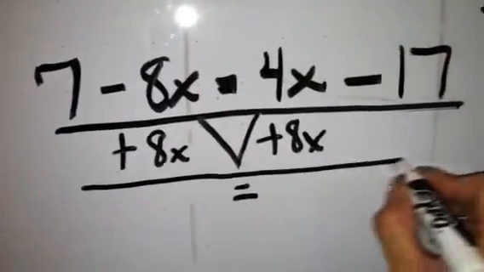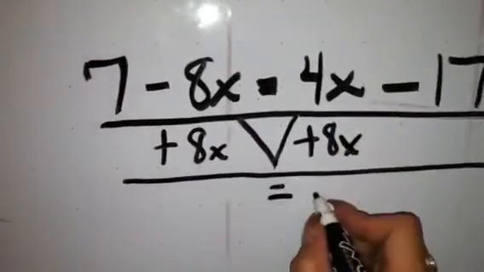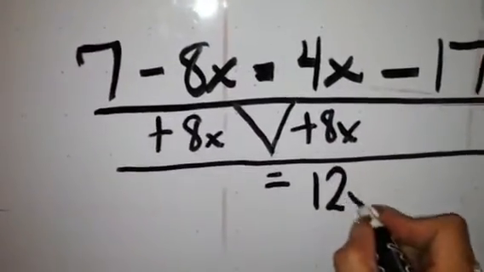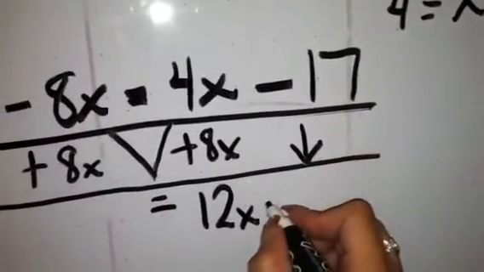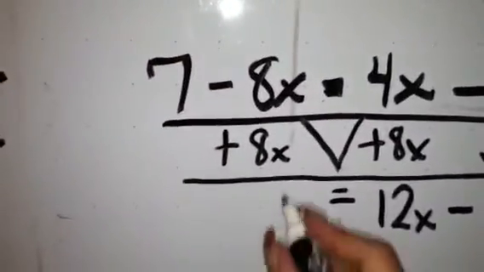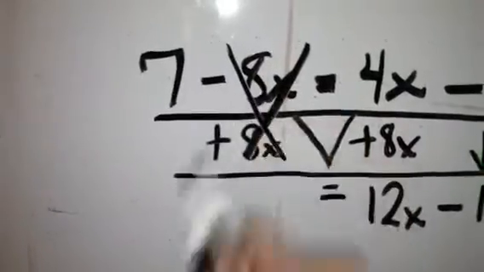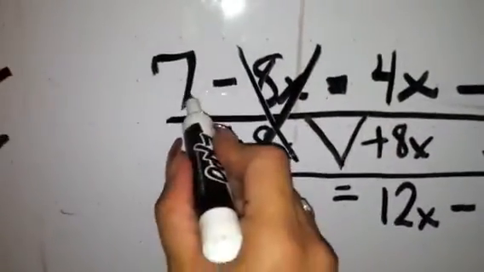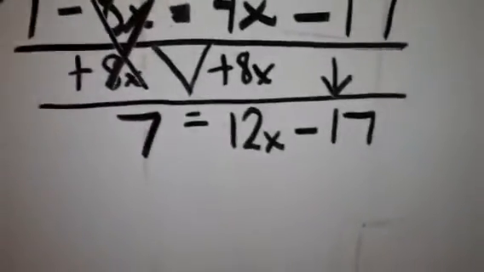Okay, I'm going to draw my line. Now, 4x plus 8x is going to give me 12x. I'm just going to bring down my minus 17. Now over here, my 8x positive and my minus 8x, they're going to cancel, and all I have left is 7. So here's my new equation.